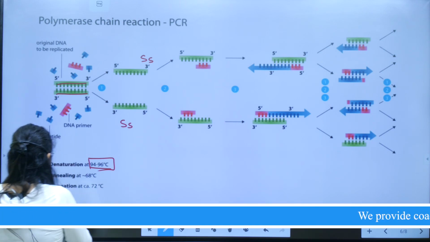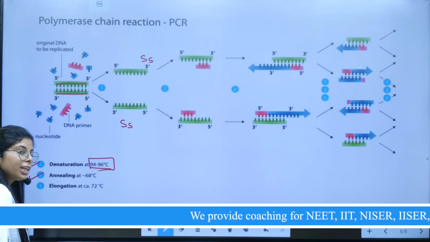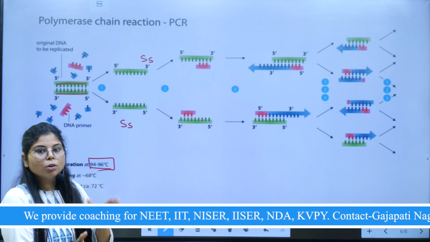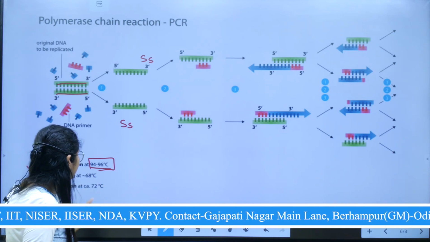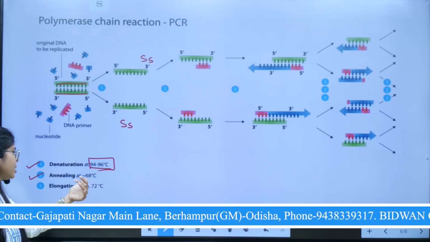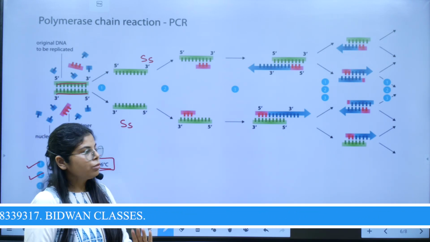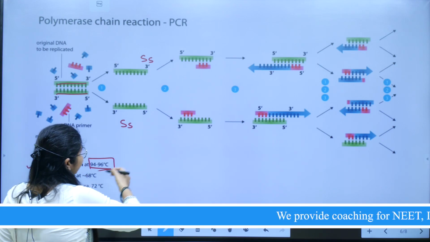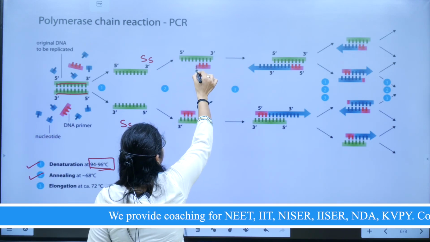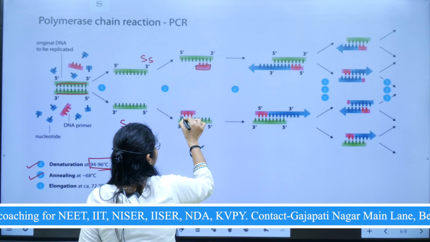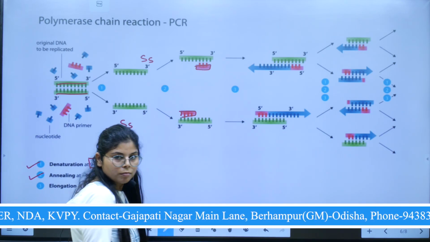Now the next step is the annealing. In annealing, we lower the temperature, which is usually 40 to 60 degrees Celsius. Here 68 is written, but it can vary from 40 to 60 degrees Celsius. What we do in annealing is that the primers get joined to the template strands.